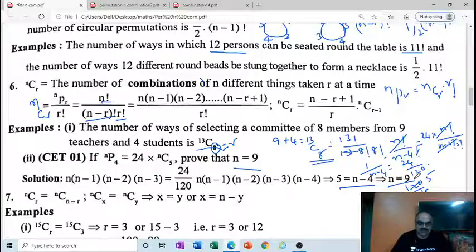On the screen you have an example for it. They have given 15Cr. They have equated it to 15C3. You have to tell the value of r. Purposefully you will have an option of 3, and all of us will tick that.